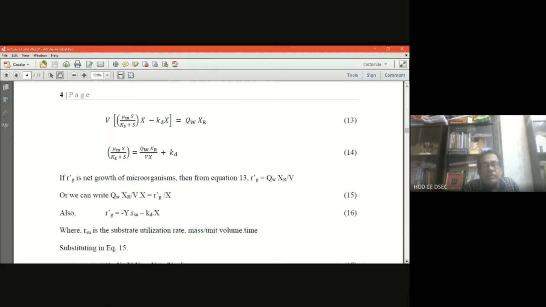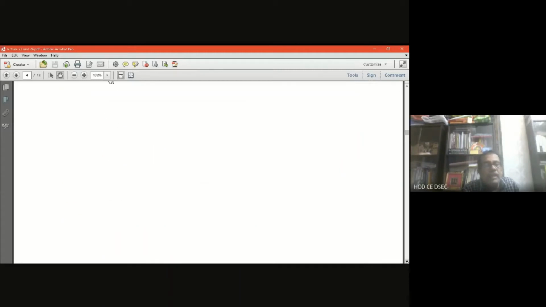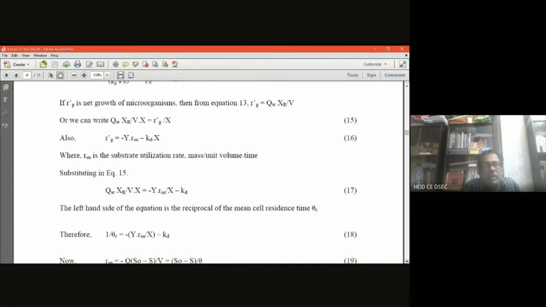Rsu is the substrate utilization rate, that is mass per unit volume time, and the equation has become QwXr by VX equal to minus Y Rsu by X minus Kd, and the left hand side is nothing but 1 by theta c, because we know from the earlier lecture that theta c, the mean cell residence time, or you can say the solid residence time, is nothing but VX by QwXr.